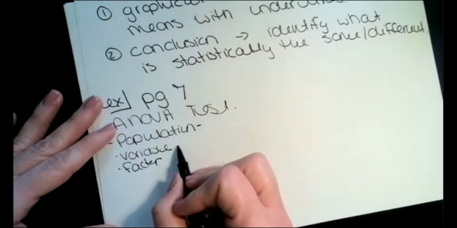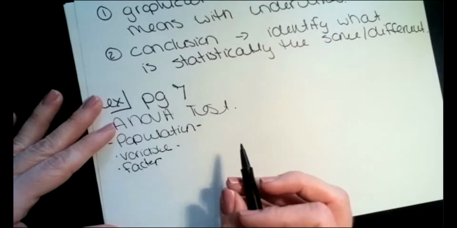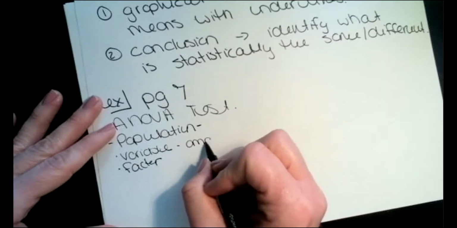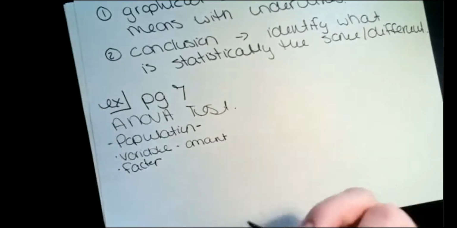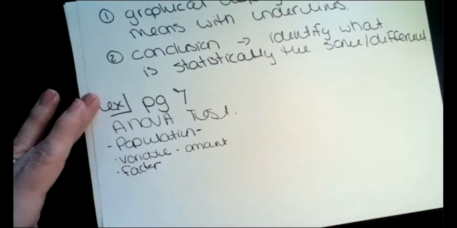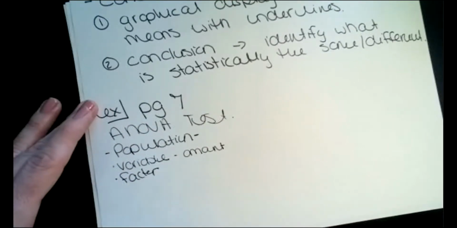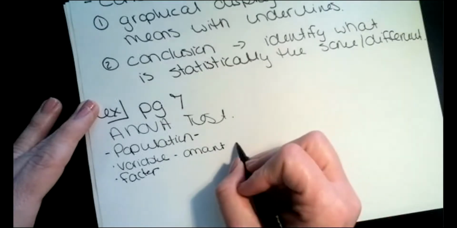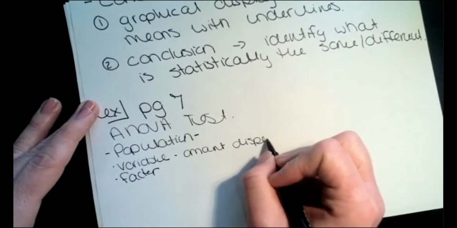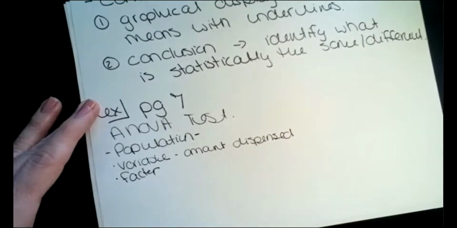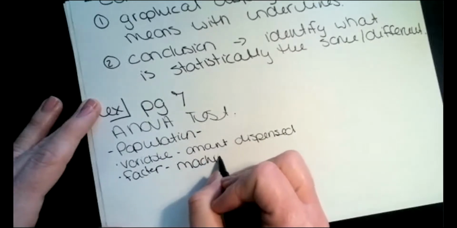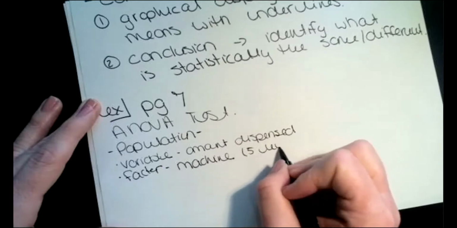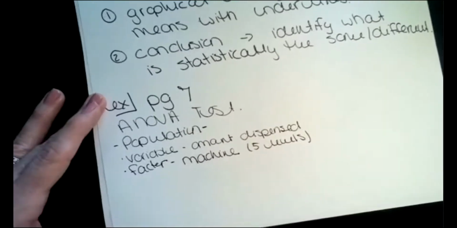My variable is just the amount of coffee dispensed. You could be specific and say number of ounces of coffee dispensed. There are so many different ways you could write the variable. I'm just going to say amount dispensed. My factor is the machines. And remember, we have 5 levels. So I'm just going to include that here.